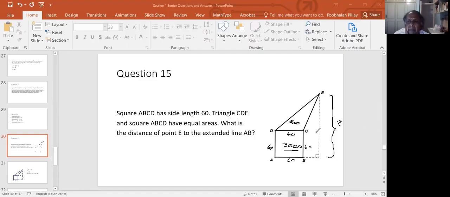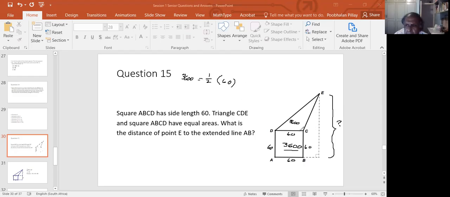All right. Now, that shouldn't be too difficult because we know how to find the area of a triangle. The area of a triangle is half base times height. So the 3600 is the area of the triangle. It's equal to half the base, which you can see is 60, times its height.